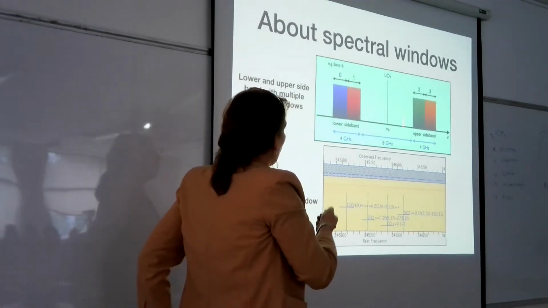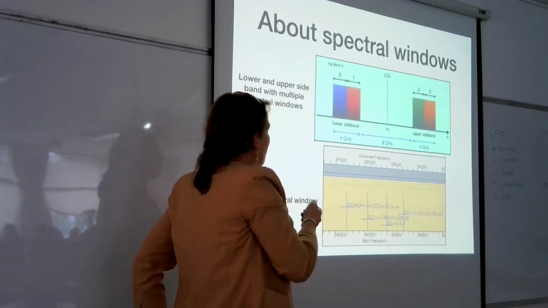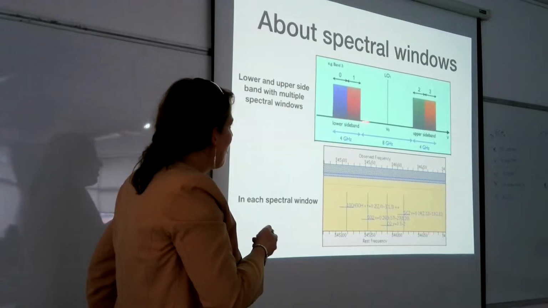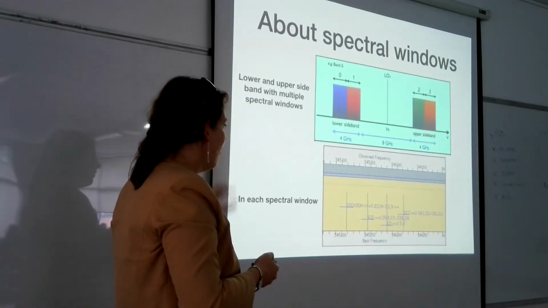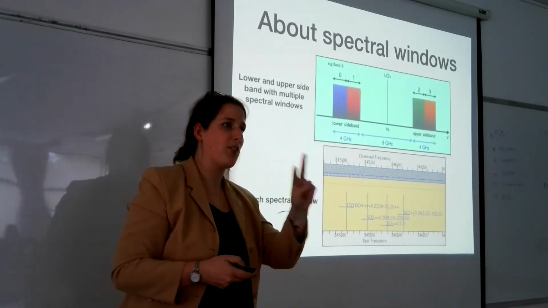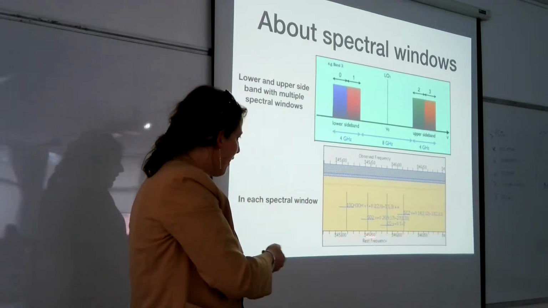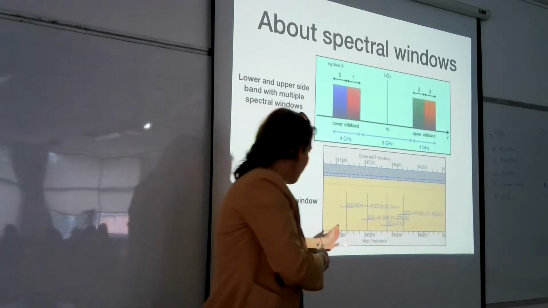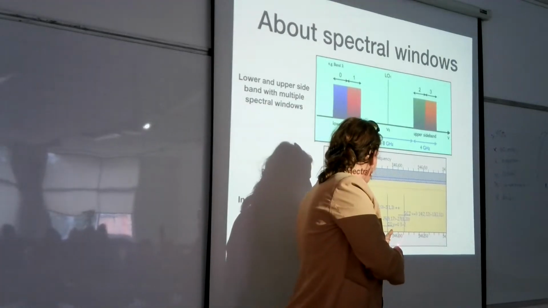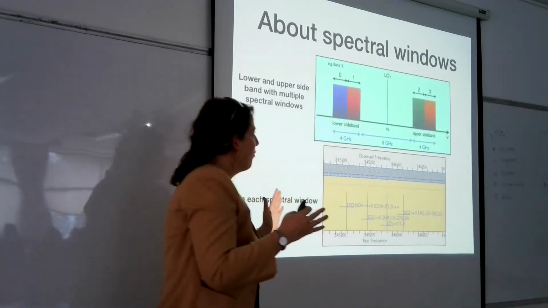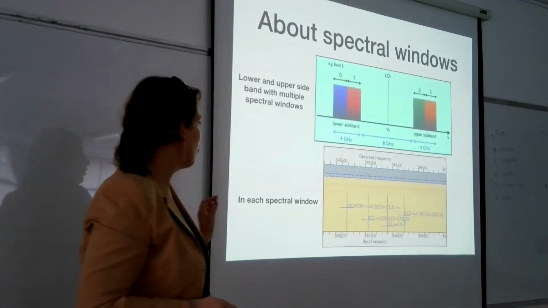And you can do that on both sides of your central frequency, the local oscillator. In each sideband, you can set multiple spectral windows. So a spectral window is essentially a small frequency range, let's say from 345 to 346 gigahertz. And that's the coverage of your one spectral window.